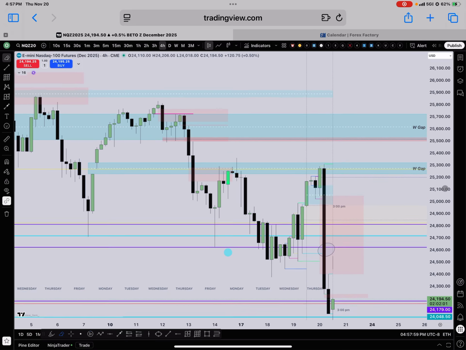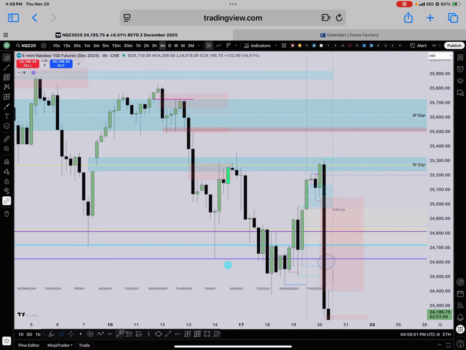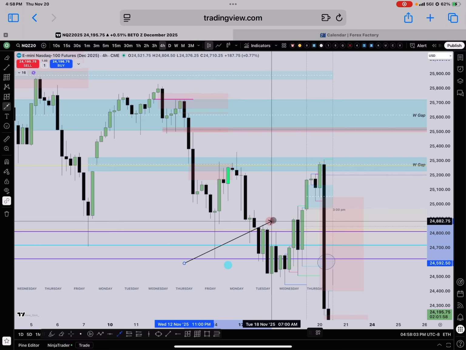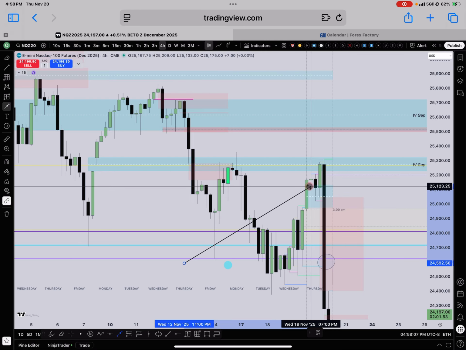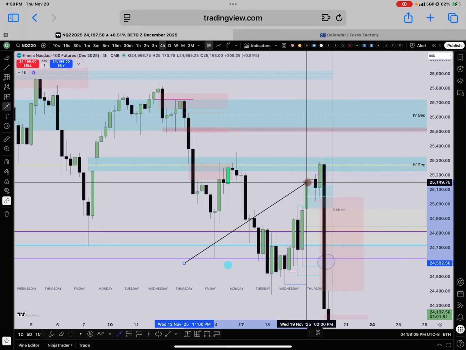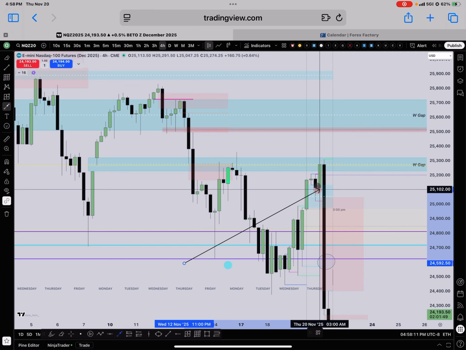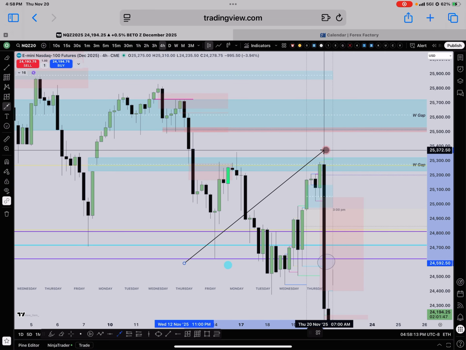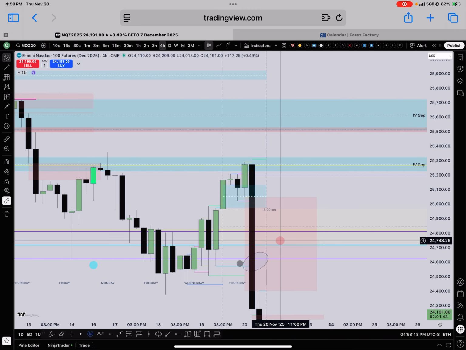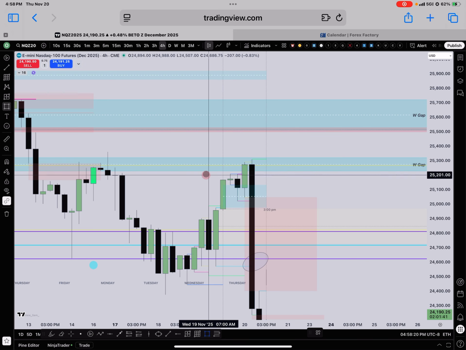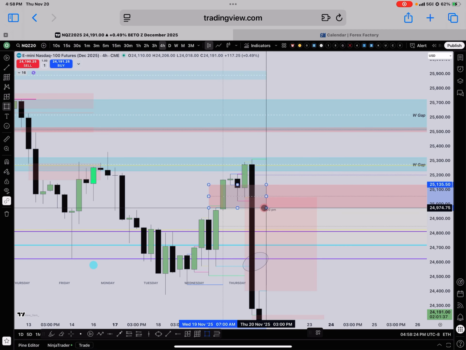Like for example here, this is today, Thursday. We had the body trap on previous candles wicks. This is trap here, and then we have another 4 hours here. Market open. Everybody's like, okay, we're bullish. Why? Because we have this bullish fair value gap.